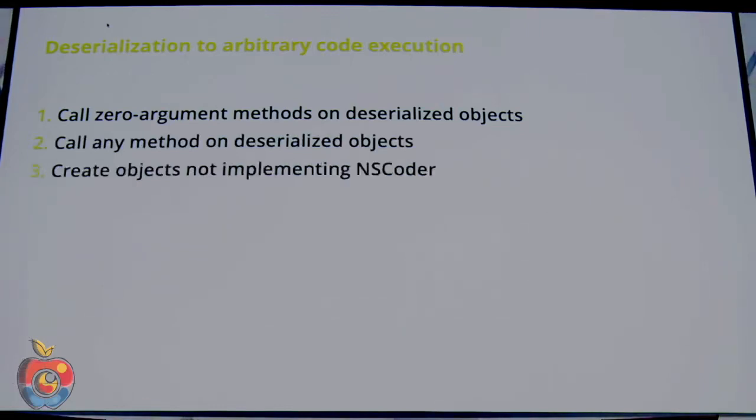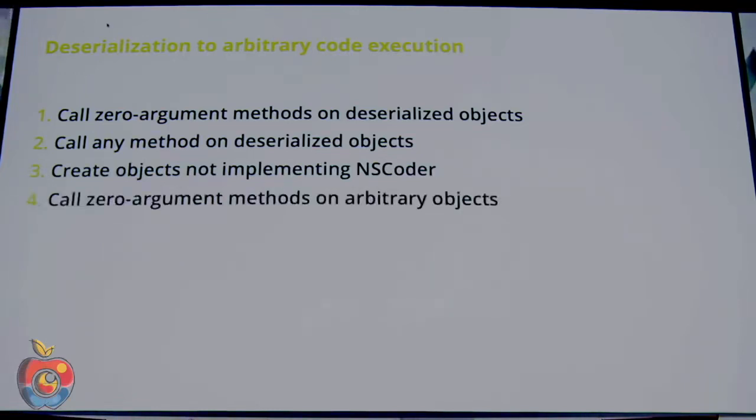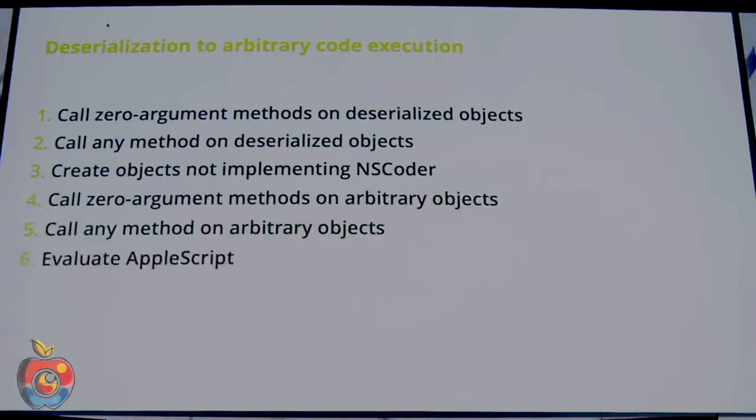I could use this redacted vulnerability to create arbitrary objects, so not just deserializable objects, but any objects. And then I actually used a similar trick to call zero-argument methods on those objects, call arbitrary methods with another redacted part. And at that point, I can basically execute AppleScript.